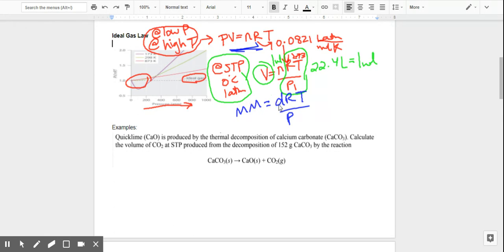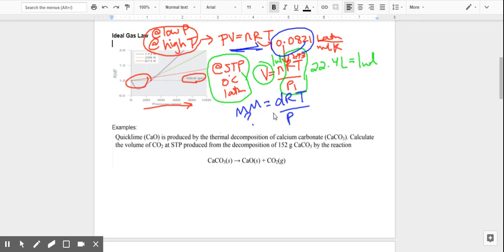So molar mass equals D, which stands for density, R, which is your gas constant R again, T, which is temperature, and P over pressure. So anytime I have an unknown molar mass, I can use this equation to solve for that. And where this applied in our stoichiometry unit is when we were trying to figure out the molecular formula of these things that we were finding empirical formulas for. So that's where you see it most often.